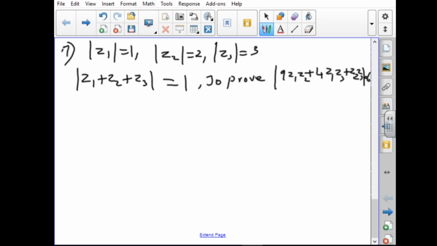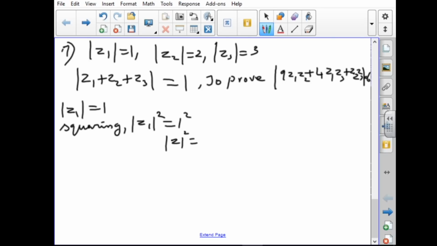So now modulus of z1 is equal to 1. Squaring both sides, we get modulus of z1 square is equal to 1 square. And we know that modulus of z square is equal to z into z bar. Therefore, this is z1 into z1 bar is equal to 1. So from this we get z1 is equal to 1 by z1 bar.